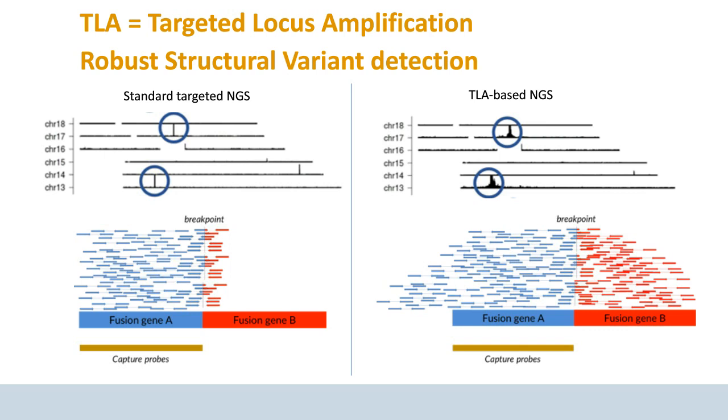The cute thing with TLA is that you can sequence much further because you get pieces that are ligated together and in the vicinity, so you get pieces of your fusion gene that are much further away from your capture probe. This can be up to a megabase. Harmen can correct me later on this, but I think you get quite far from the original locus.